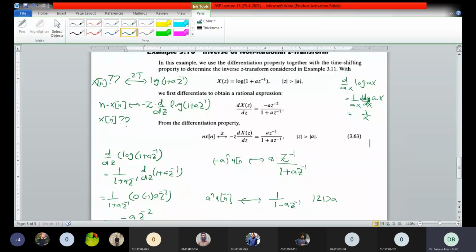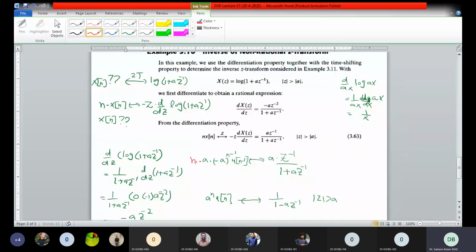Now a is multiplied on top here, so we multiply a here. Because of this z inverse, a time delay is coming, n minus 1. Do all agree with this? Yes sir. And then because this is n times x of n, you need to multiply it with n.